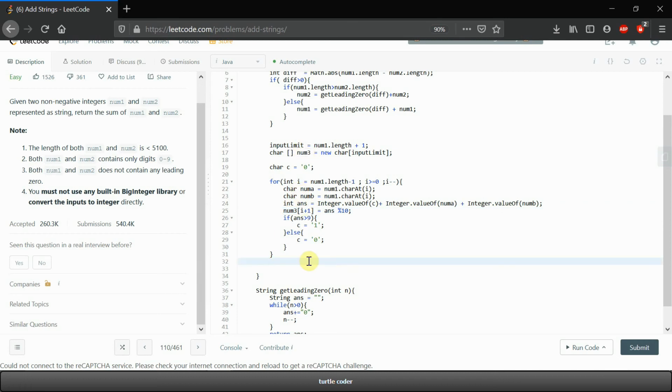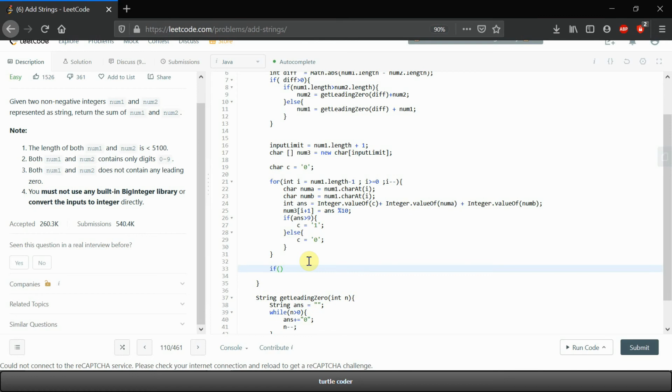So let's try to see if num3's first value is equal to 0. Now I'm trying to fill up my answer. This is my final answer, and it's empty for now.